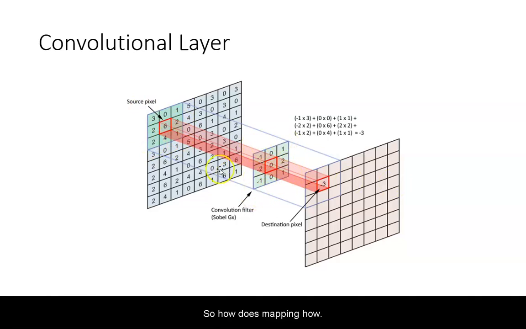So how this mapping happens is: 3 into -1 plus 0 into 0 plus 1 into 1 plus 2 into -2 plus 6 into 0 plus 2 into 2 plus 2 into -1 plus 4 into 0 plus 1 into 1.